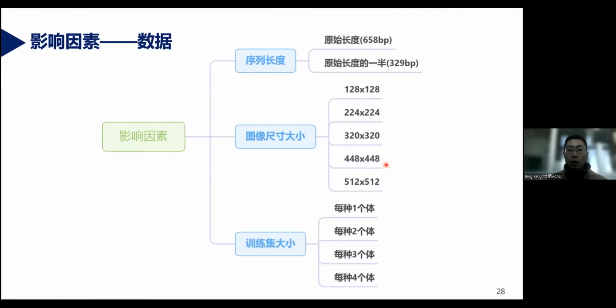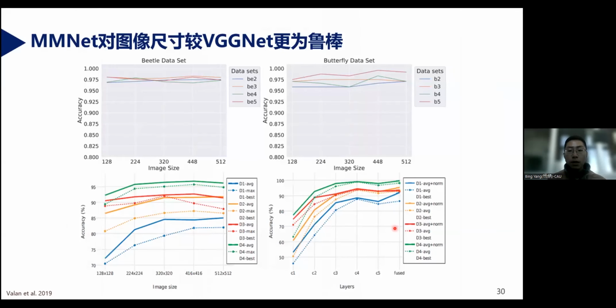We have looked at sequence length, for example the length of barcodes, and we chose half of the original length because that's the most consistent with most museum samples and collections. And for the image size, we trained all the way from 128 to 512, and we also increased other parameters as well.